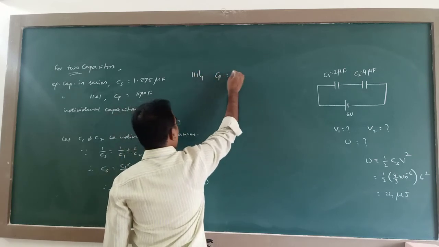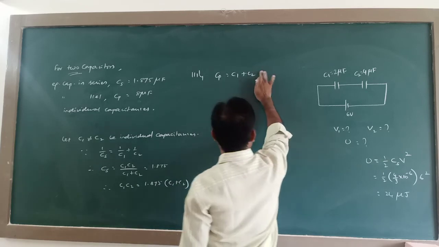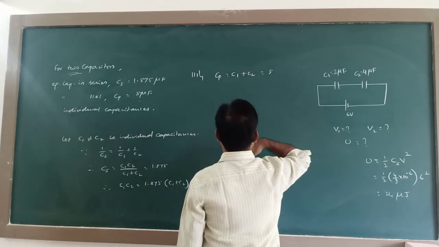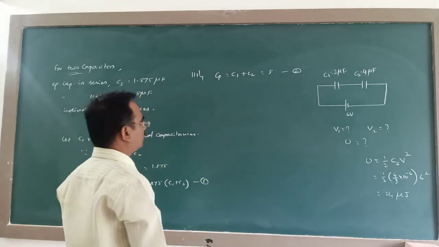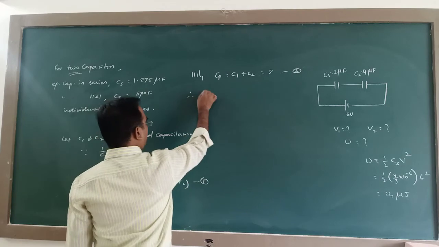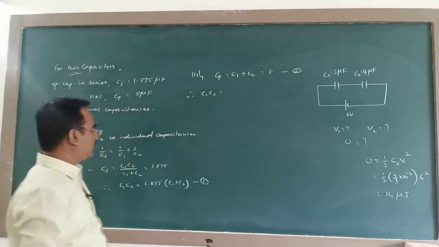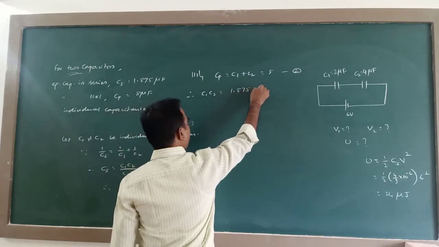Similarly, Cp is equal to C1 plus C2, which is equal to 8 microfarad. This is equation 2. Therefore, C1 C2 is equal to 1.875 into 8.